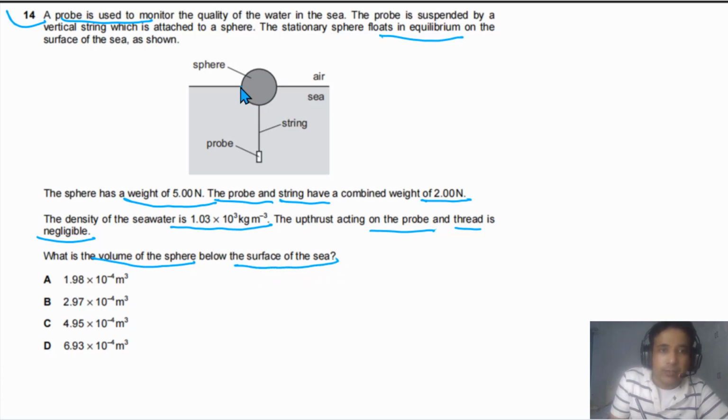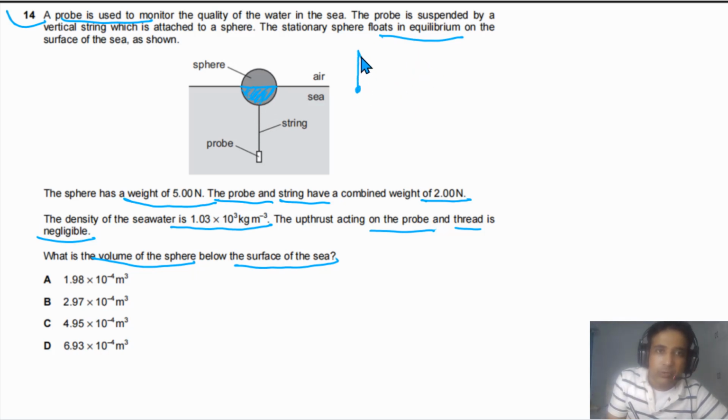It means we have to find out the volume of the sphere below the surface. But it is given to us that the upthrust on the probe and string is negligible. So we need to understand this sphere is in equilibrium. We can draw the free body diagram.